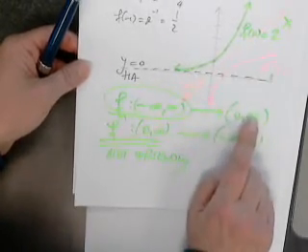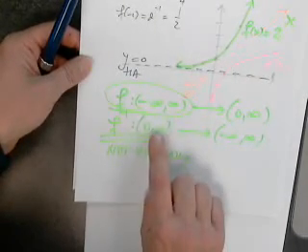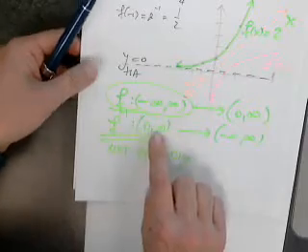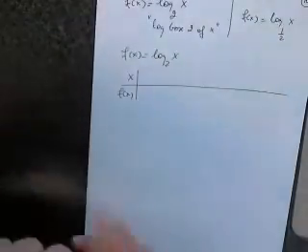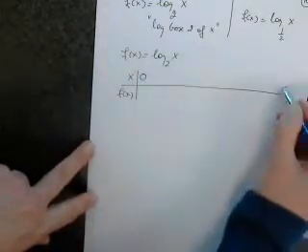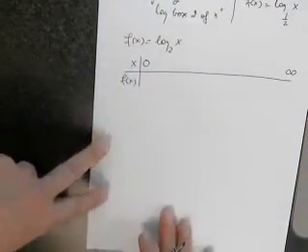Yes, the range is 0 to infinity, and that's why the domain here is 0 to infinity. That's why it's not a friendly function. So the domain of the log is 0 to infinity.